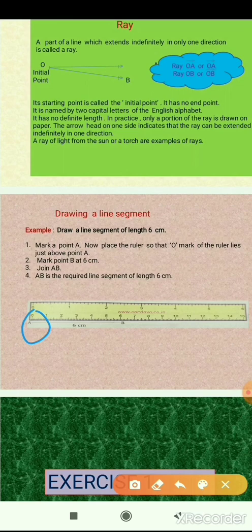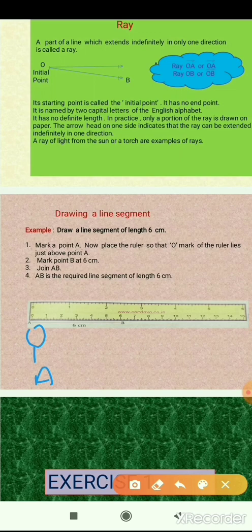Then mark point B at 6 centimeter and join the points A and B. In this way you get AB, the required line segment of length 6 centimeter. Once again, students, first you mark a point A where the 0 mark of the ruler is.